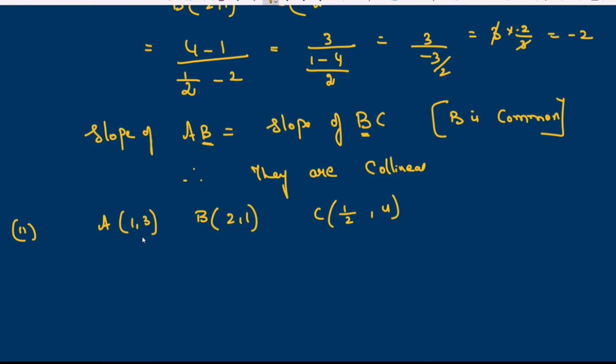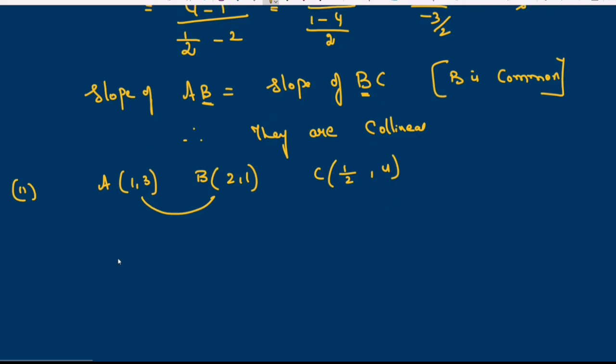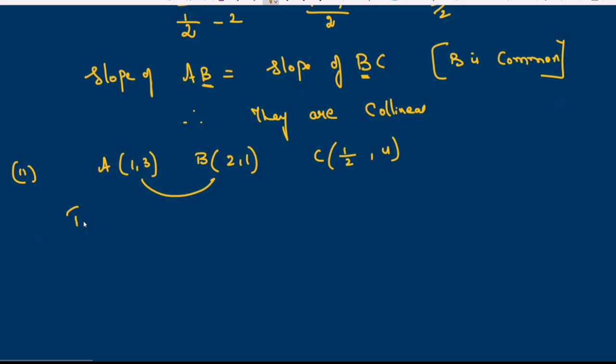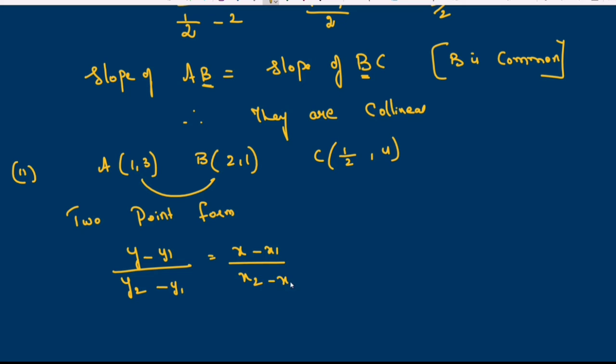So let us find the equation using these two. What is the equation of a line? 2-point form. y minus y1 by y2 minus y1 equals x minus x1 by x2 minus x1.